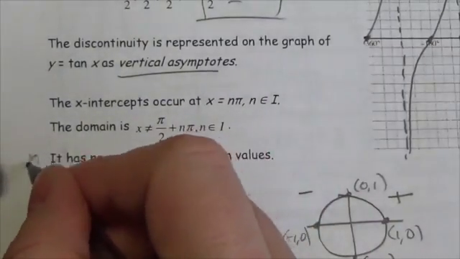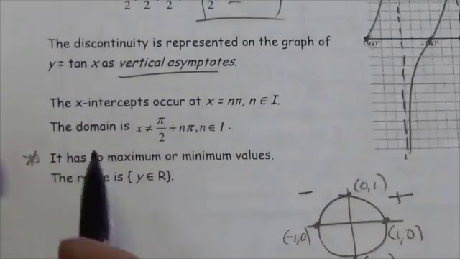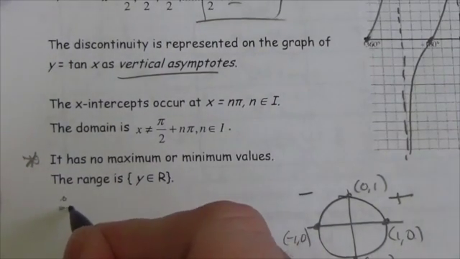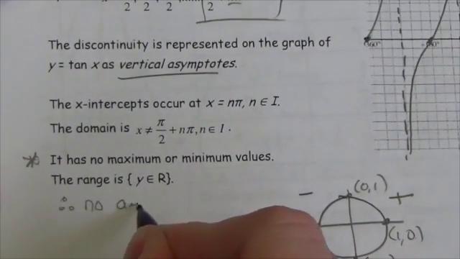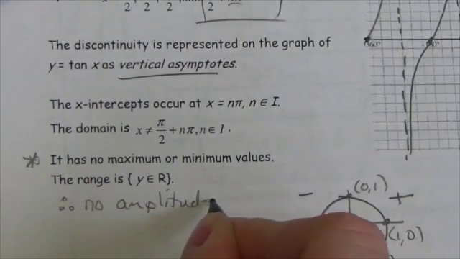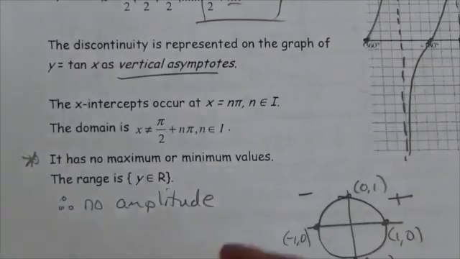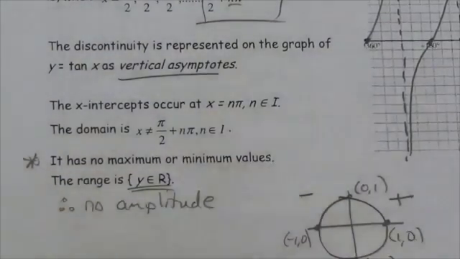And really importantly, don't let them throw you off with this one. It has no maximum or minimum values. Therefore, it has no amplitude. You can't use the idea of an amplitude to discuss a tangent function because it just doesn't make any sense. Tangent moves up infinitely and down infinitely. The range, like it says here, is all reals.